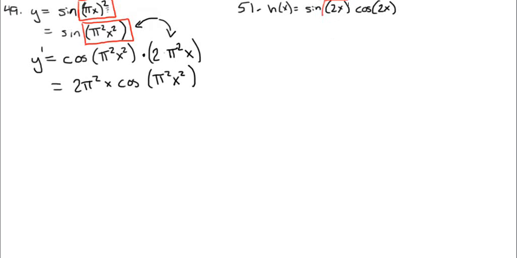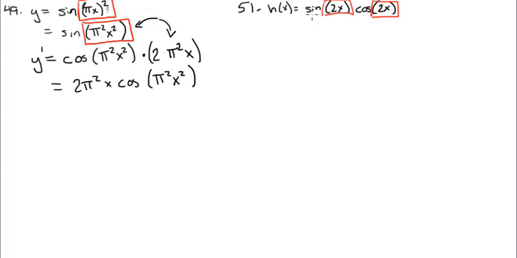And as it turns out, I don't need to use two different colors, one for this 2x and one for what's going into the cosine of 2x, because they're both the same quantity here. So I can take the derivative of either one of these two things and then just by the chain rule multiply it by the derivative of what's inside of the red box with respect to x.